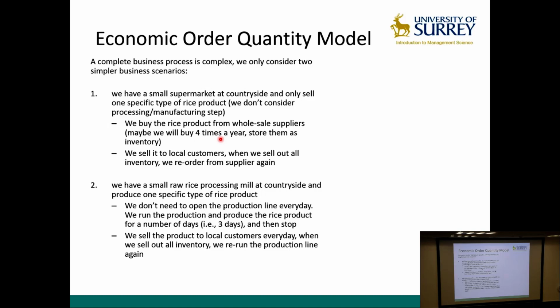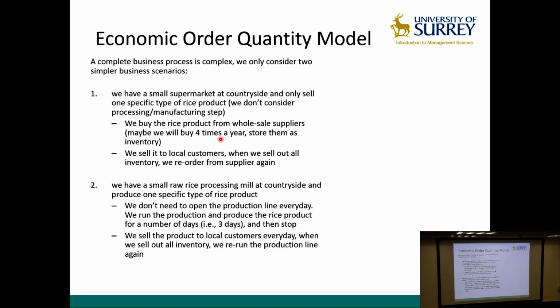How many days do we want to open our production line? Maybe 3 days and stop the production line for 2 days, or open the production line for 4 days or 5 days. So what is the best way? We're going to figure that out.